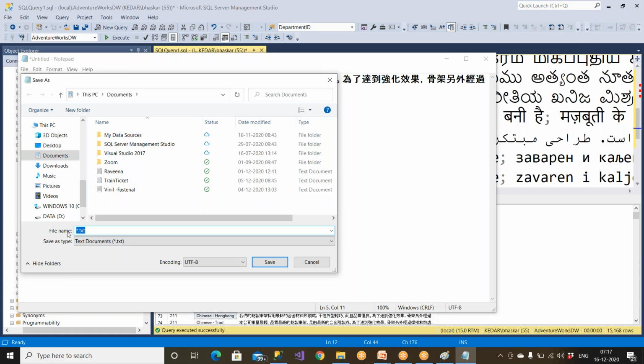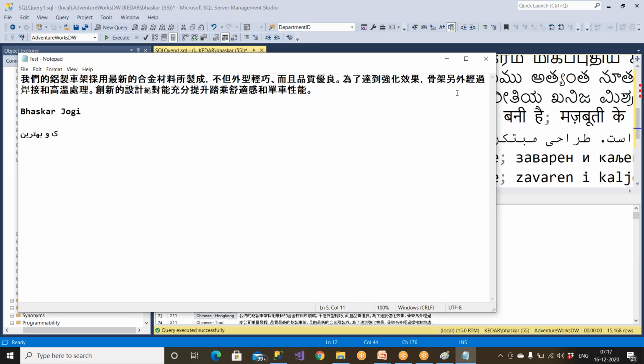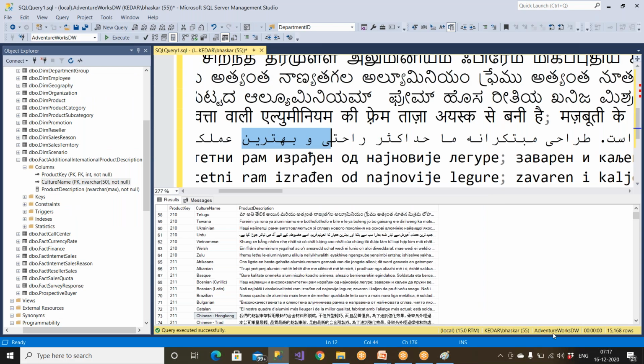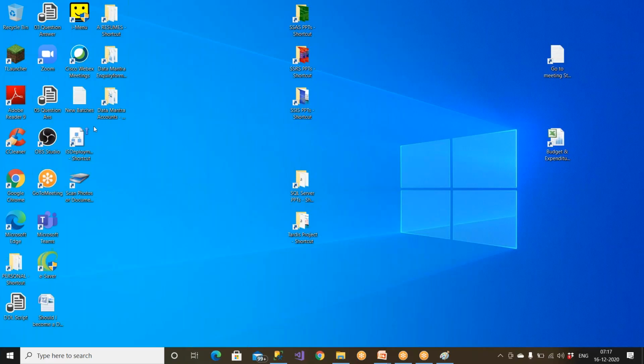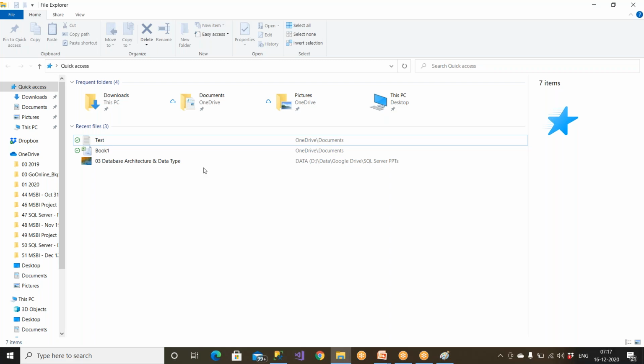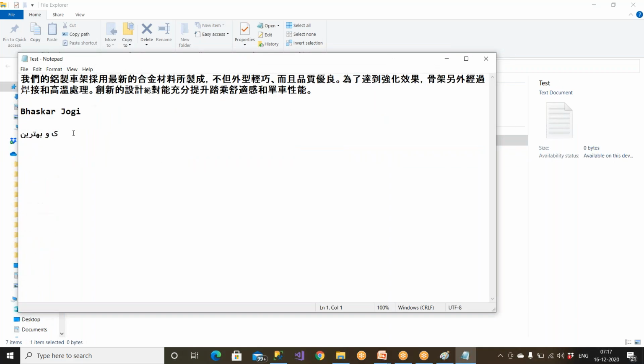Save some test document. Now let me open this file. You need to check all of them clearly.